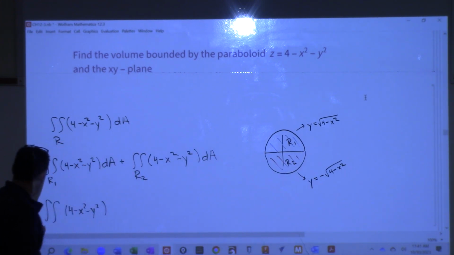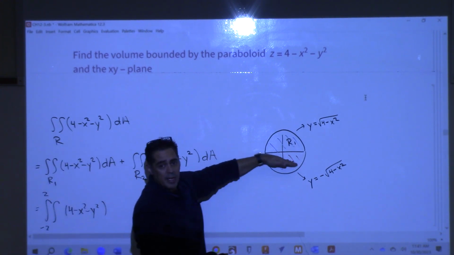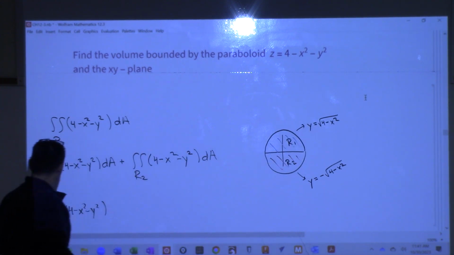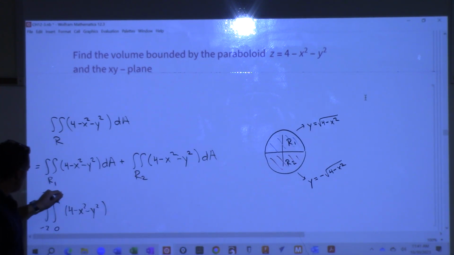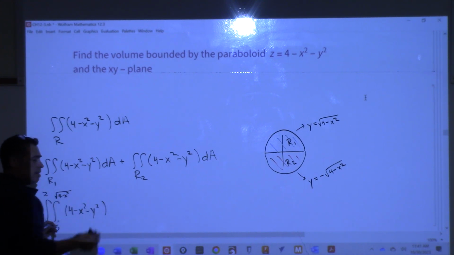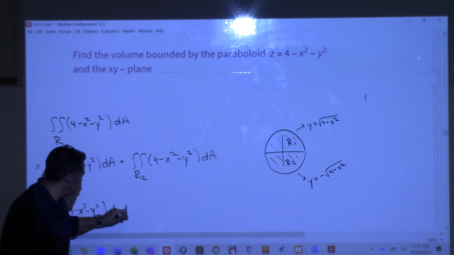And my y's are between 0 and that curve. So 0 to the square root of 4 minus x squared, sorry, just the square root. And then it's dy dx.